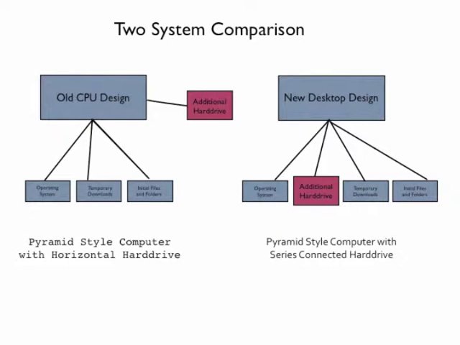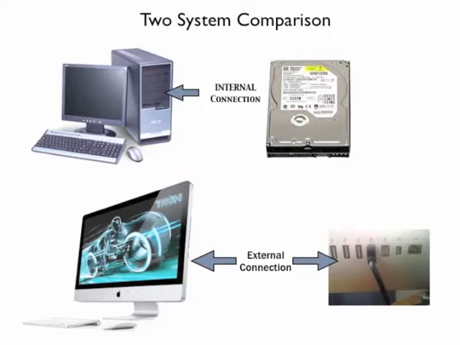So anybody who gains access to your desktop also gains access to your additional hard drive. So whatever is saved on that hard drive, they can change it or they can remove it, make any kind of changes to it. The old system wouldn't allow them to do that. They would not be able to see that additional hard drive by coming into your computer, gaining access to your computer.